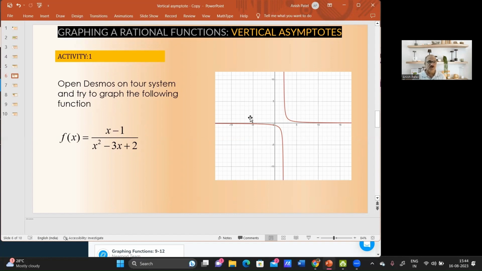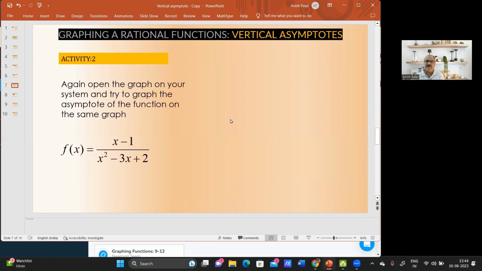No, don't close that graph. You have to do something more. Now on this graph, try to draw the asymptote of that function. Put a vertical line x is equal to a, make a slider for a, and move that slider so that the line moves to the position of the asymptote. And then you have to read the value of it.